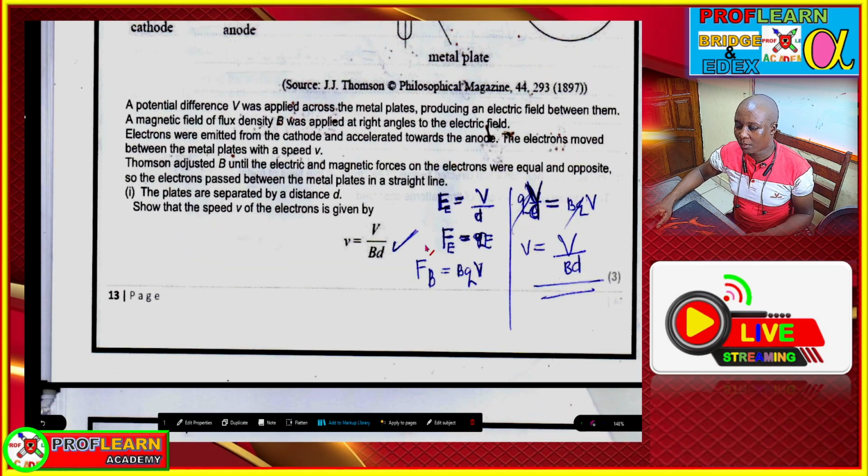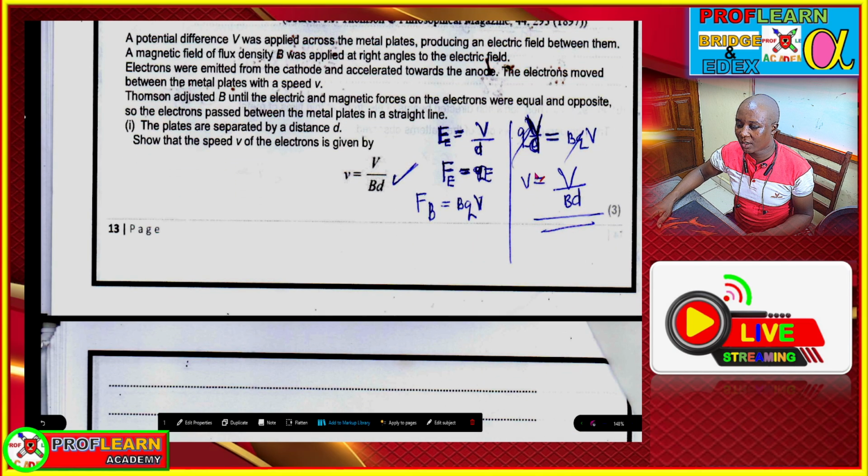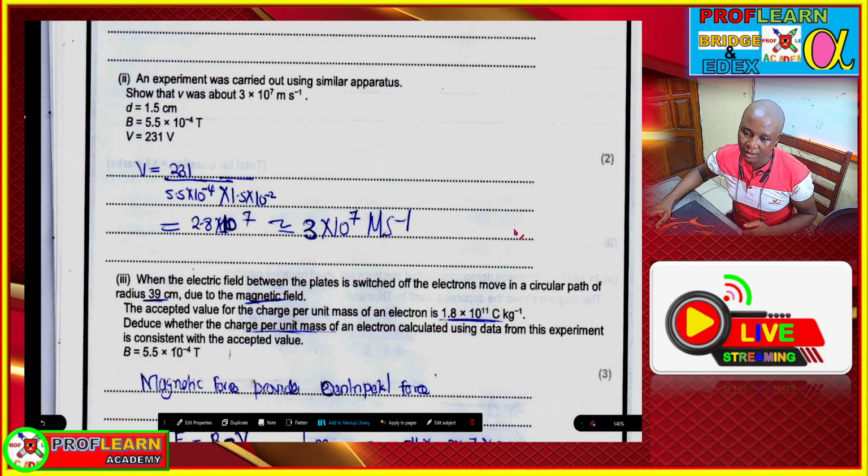But the concept here is, the magnetic force is equal to the electric force. Remember, electric field is V over D. Magnetic force is Q charge times velocity times B. If you substitute, Q will cancel out and the velocity v made subject will be equal to the potential difference over the magnetic flux density, like that.